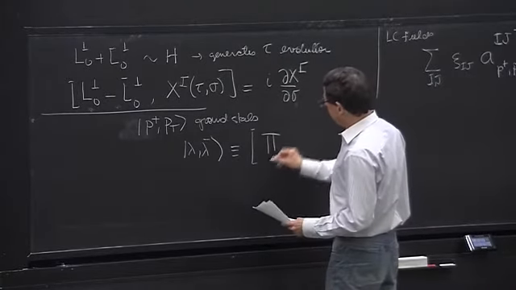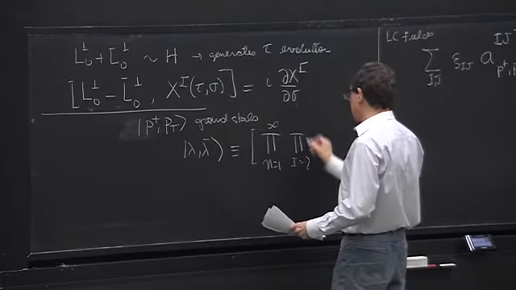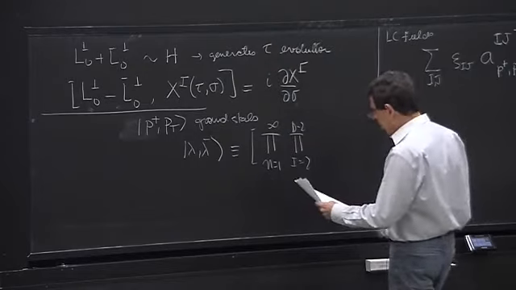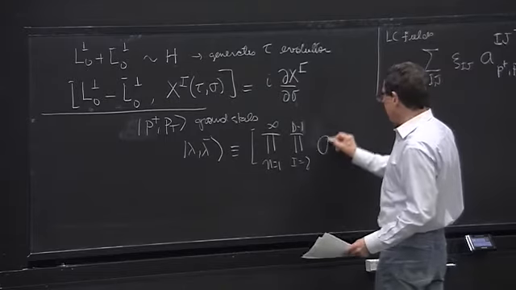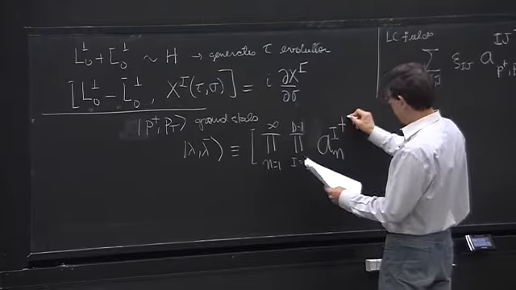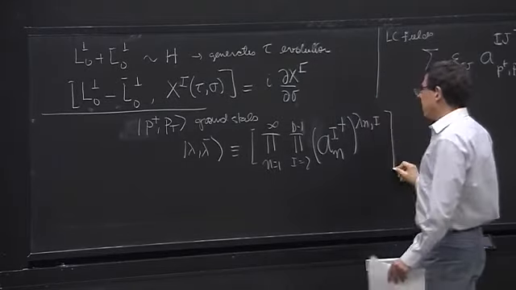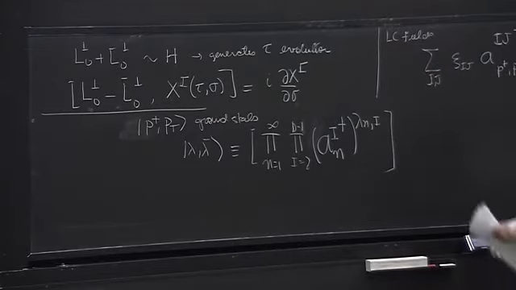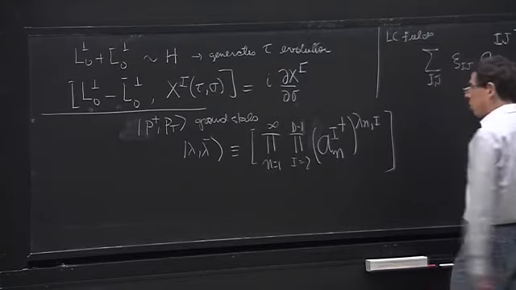So we'll put A_n's from n equal 1 to infinity, from i equal 2 to D minus 1, space-time dimension minus 1, and you put A_n^i daggers to the lambda n i. These are creation and annihilation operators normalized to 1. Nevertheless, they contribute to the number operator n, not 1.